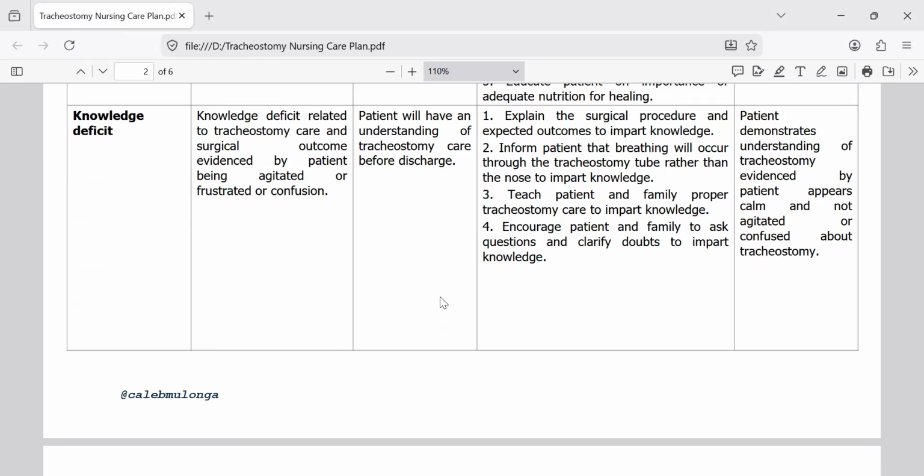The patient can ask too many questions, yes, but since the patient is unable to communicate, you can also see the lack of knowledge through things such as agitation, frustration, confusion. Why? Because the patient is not able to understand what is going on. Goal: patient will have an understanding of tracheostomy care before discharge. So that is very clear.